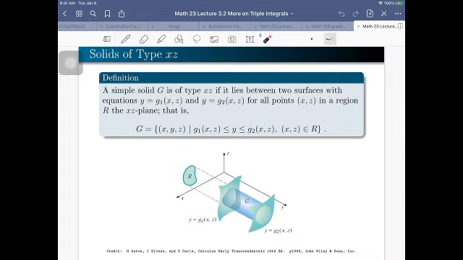A simple solid G is of type xz if it lies between two surfaces with equations g1 of xz and g2 of xz for all points xz in the region R, that is the projection of the solid onto the xz plane.